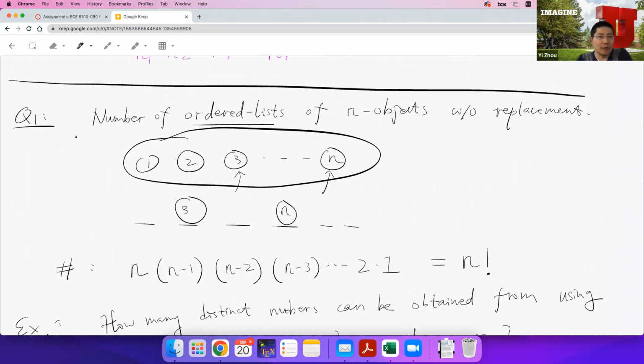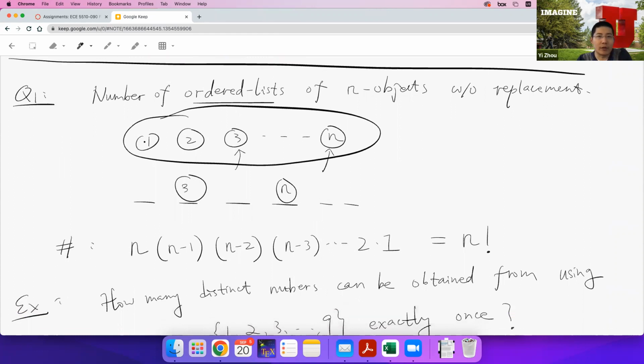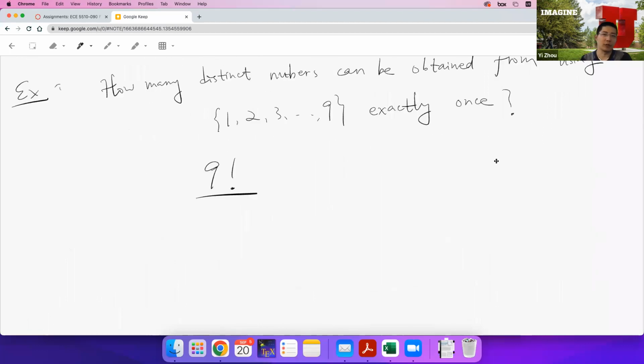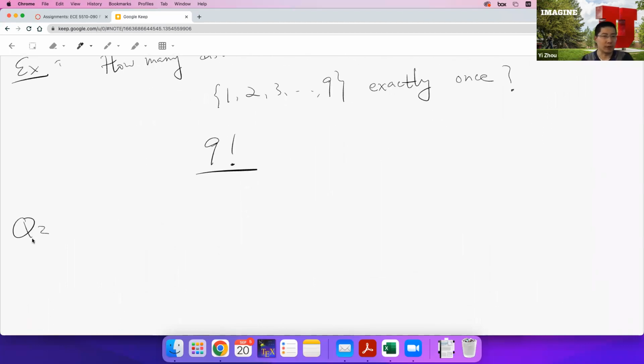Okay, so in the first question, we care about we have n objects, and we are going to place them into exactly n positions, right? So a more general scenario is that you have many objects, and you only have a few positions. So you are going to select a few objects from this set of objects and place them into those few positions. So this is the second question we want to consider.